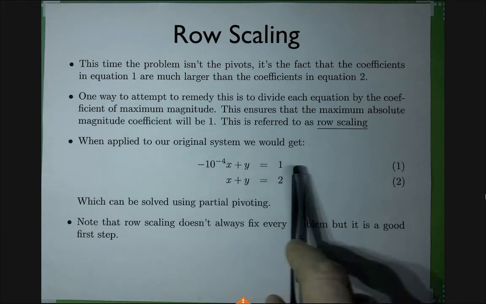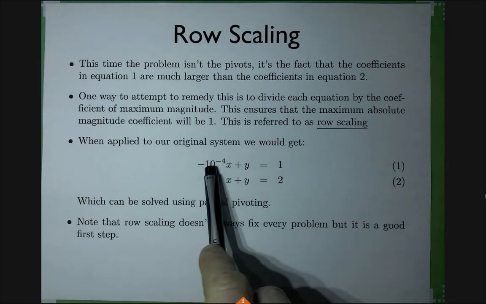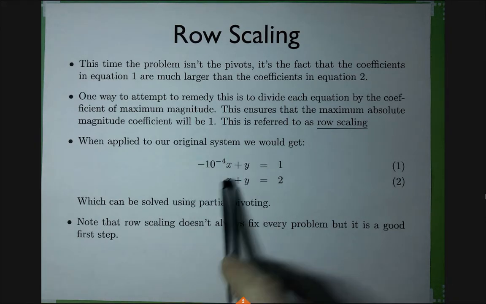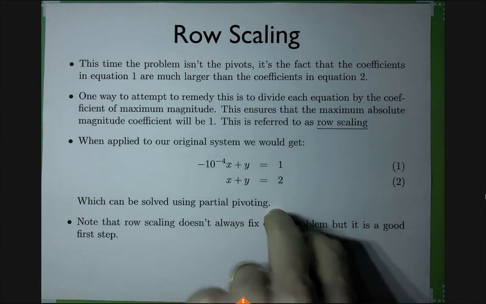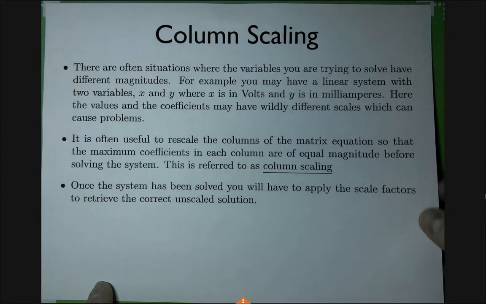After we do that, we get this system. This system we now subject to partial pivoting, which reorders it, and we get a nice solution. So that's row scaling. Now, in some cases, you want to do also column scaling.